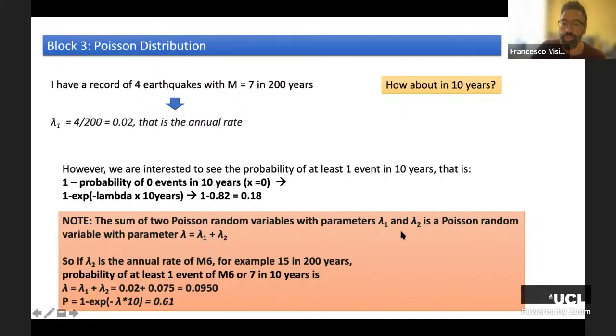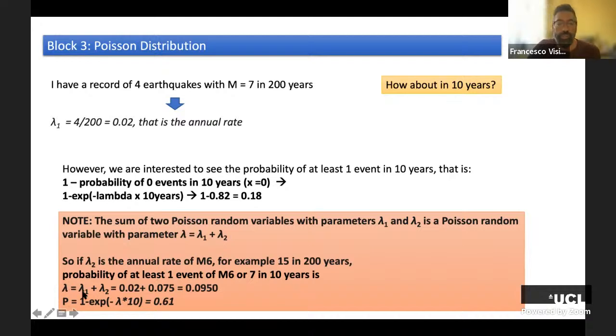An important note is that the sum of 2 Poisson random variables with parameters, for example, lambda 1 and lambda 2, is again a Poisson random variable with parameter lambda given by the sum. So in our case, if lambda 2 is the annual rate of magnitude 6, for example, we have 15 earthquakes in 200 years observed. What's the probability of at least 1 event of magnitude 6 or 7?